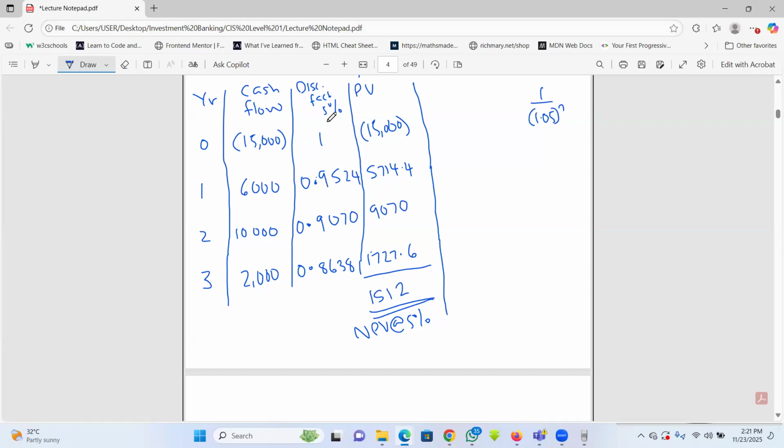Then you run it through all this process again, get a new set of values for discount factor. When you add up, you get a bigger value. But now that this is a positive value already, we need to increase our discount rate so that when we run through all of this, we get a new set of discount factors. When we multiply, you should get a negative value here. The idea is to get a negative value here.